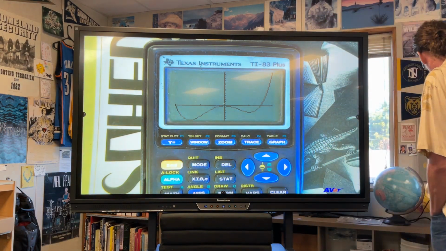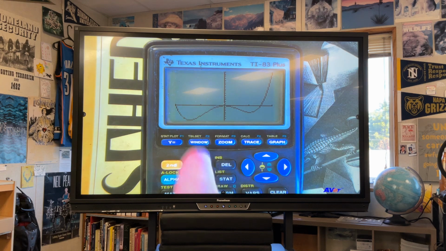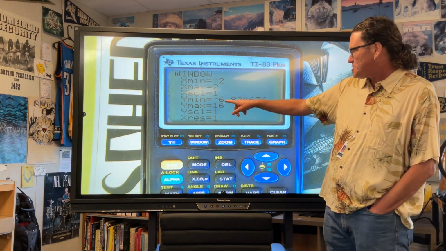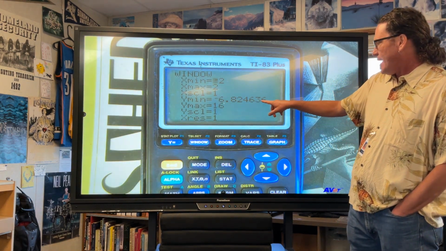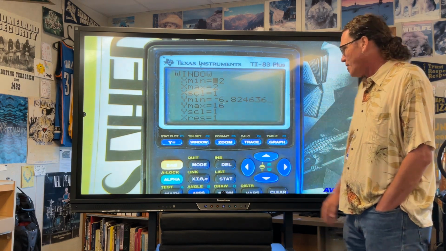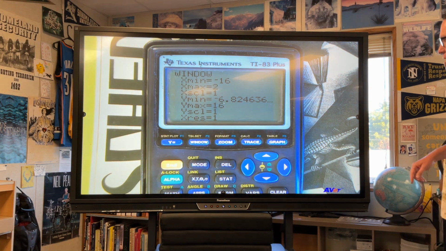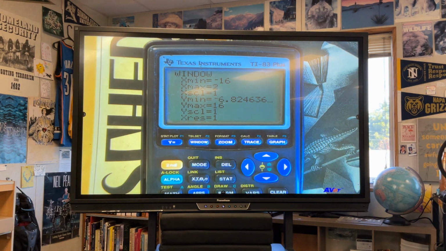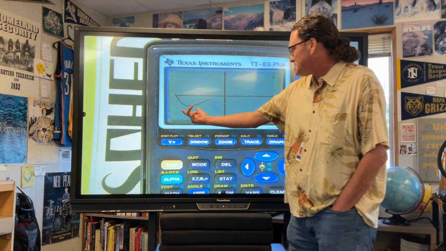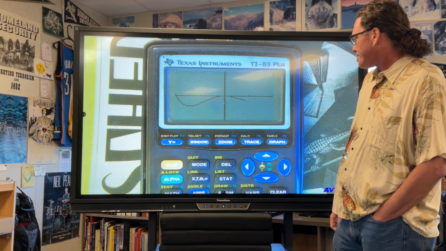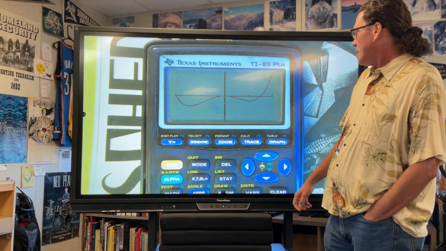So I'm going to go to my window, and I am going to make a manual adjustment on my y min, and I'm going to make that, I don't know, maybe negative 16 actually, since my y max is 16, just to, oh darn, I hit the wrong one. So change that back to -2, go to my y min, I'm going to make it -16. Totally arbitrary, but now I've got a little bit of space under there. All right, so that's the idea of ZoomFit.